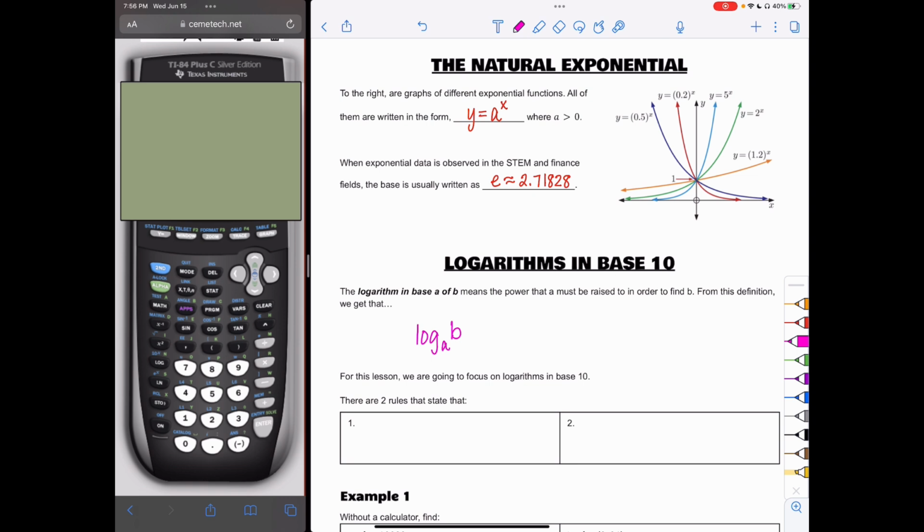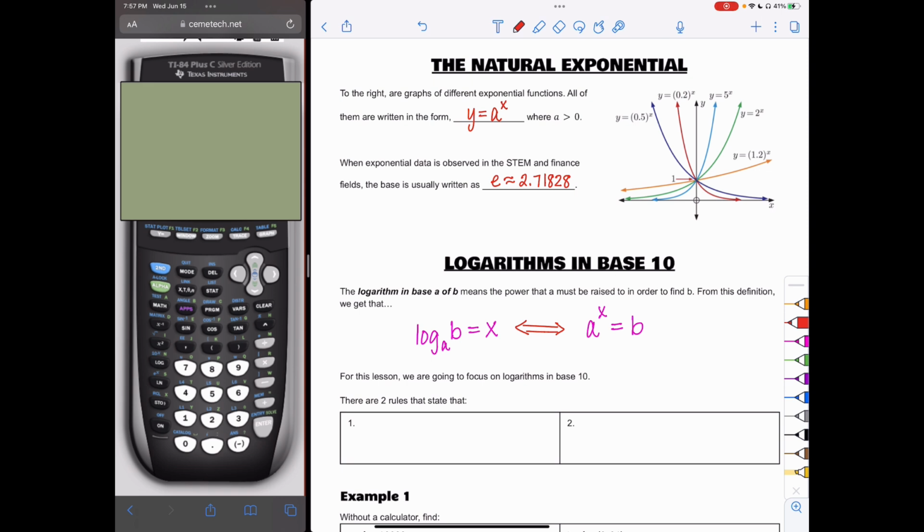So we take a and raise it to some power, which we can call x, and it equals b. So log base a of b is equal to whatever that x is. This is what we normally use as our conversion between logarithmic form and exponential form.